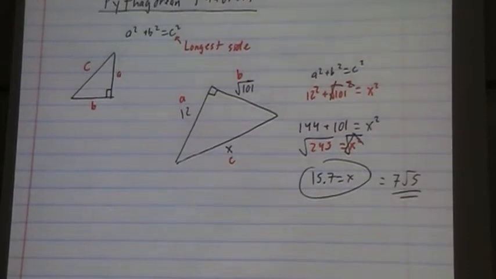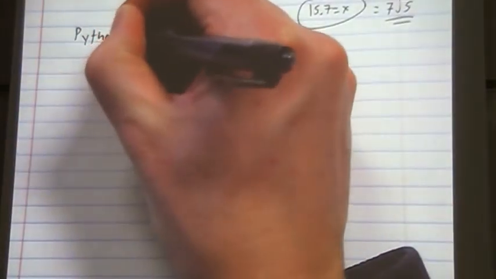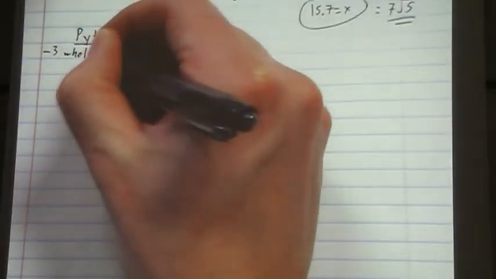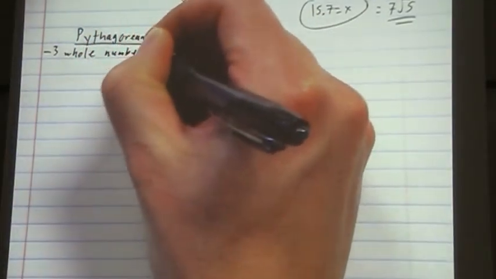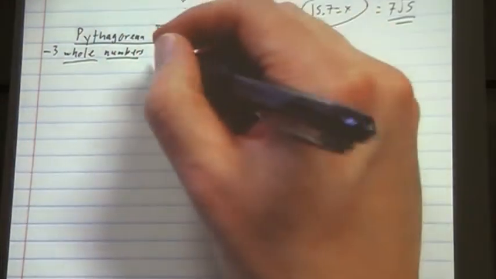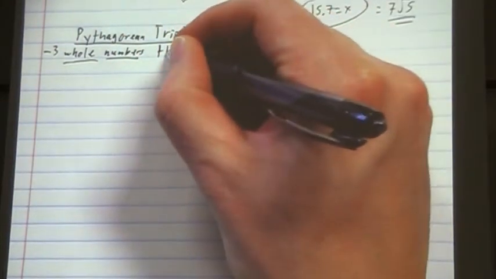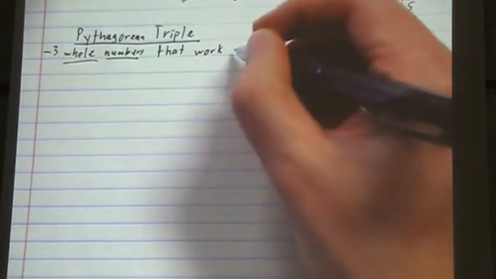You're also going to hear a term that's related to Pythagorean theorem called a Pythagorean triple. I'm going to talk about these just briefly. These are 3 whole numbers. They must be whole numbers that work for the Pythagorean theorem.